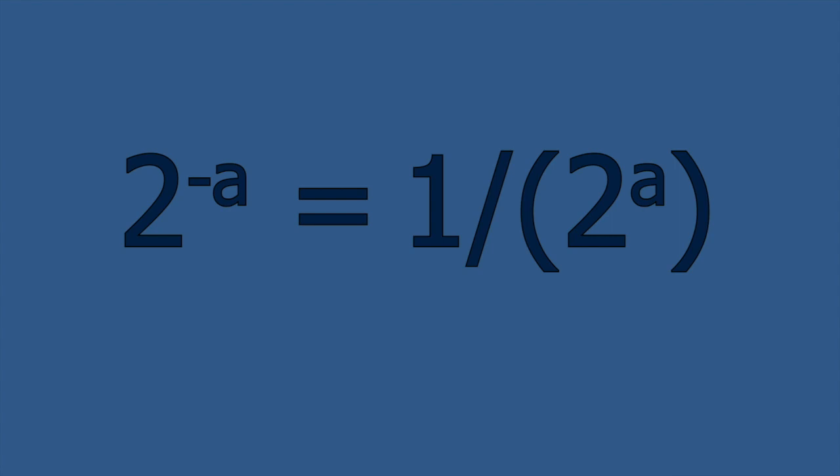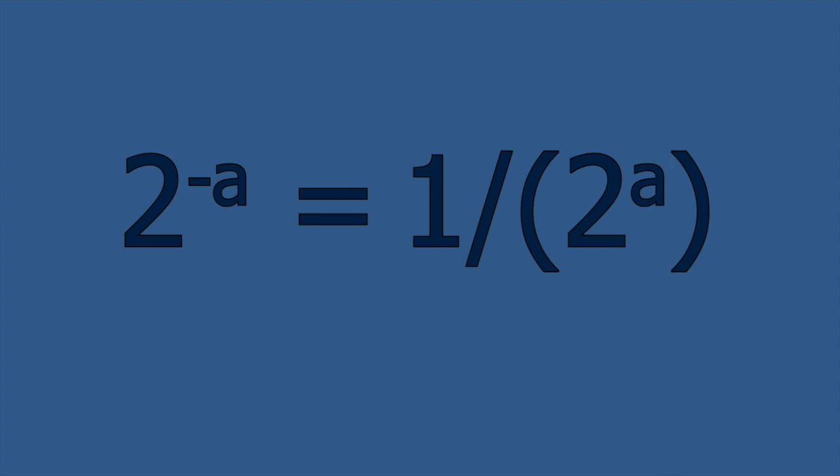Now here's the thing. It doesn't actually have to be 2. It could be any number you want, well, any number except for 0. I'm only using 2 here because I want to limit the amount of variables that we're going to use. I want you guys to get the concept and not get confused by too many variables.